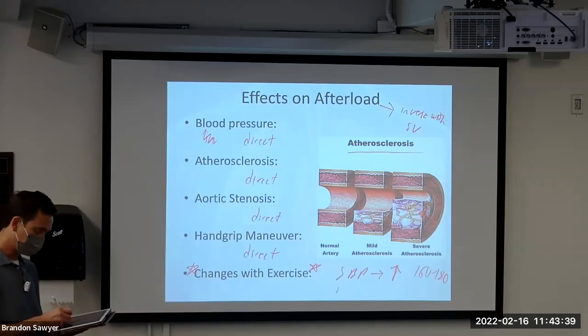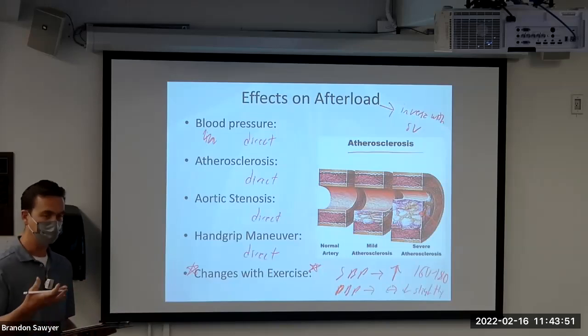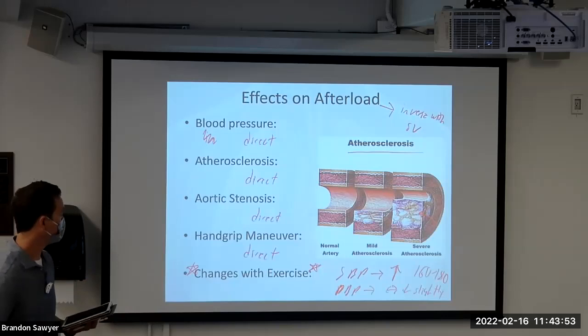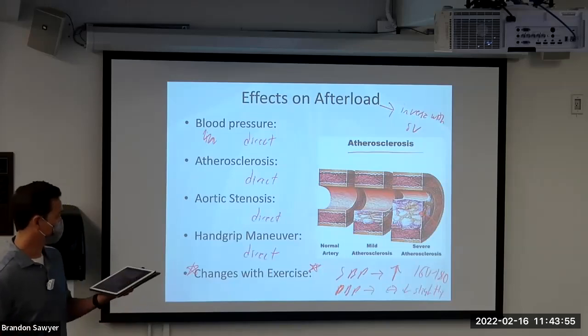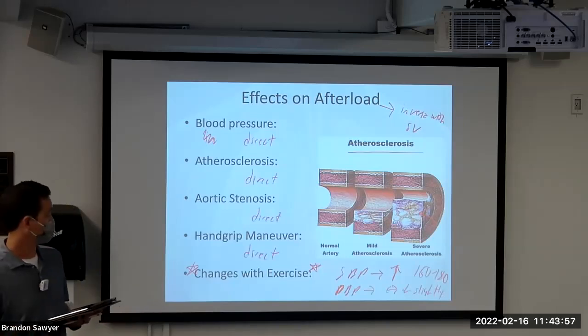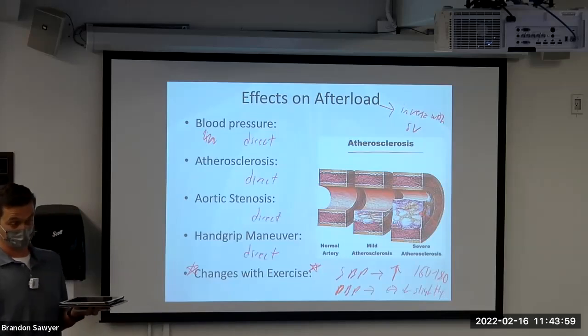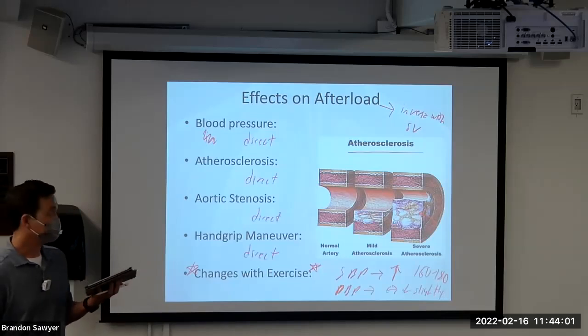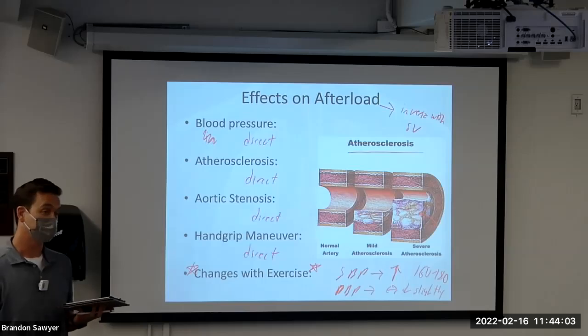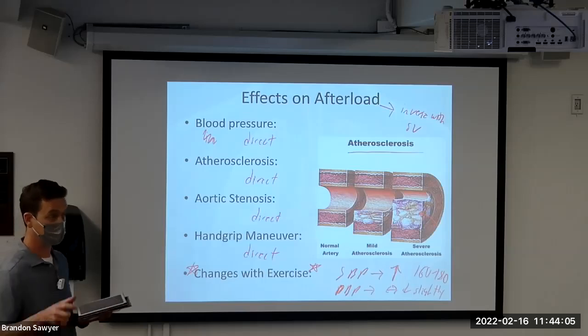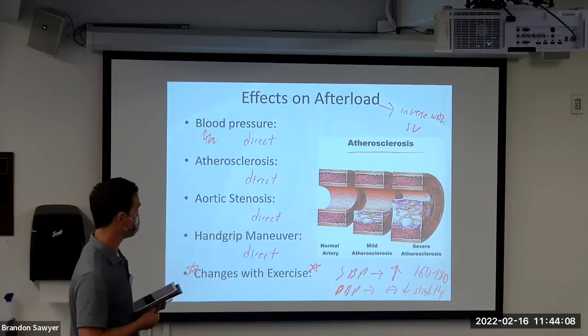But diastolic, interestingly enough, is either going to not change or go down slightly. So at intense exercise, maybe blood pressure goes from 120/80 to 160/78 or something like that. So it might go down a couple millimeters of mercury on the diastolic.